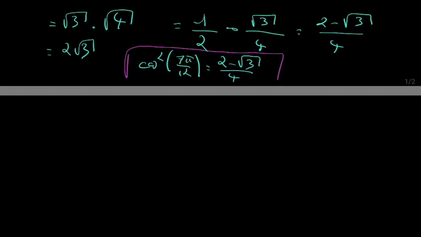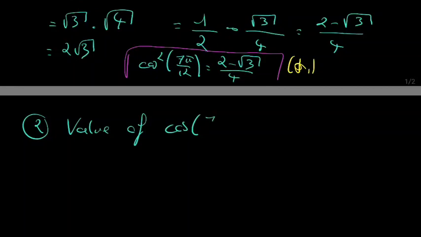Now for the second question, knowing this result, let's call it star 1, we want to find the value of cosinus of 7 pi over 12.